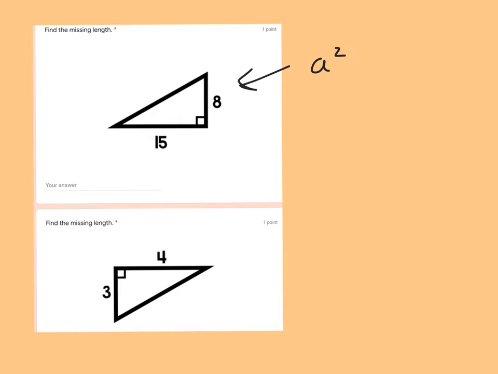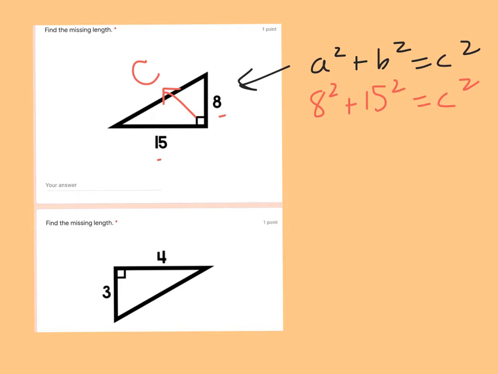Remember our formula, a squared plus b squared equals c squared. And last week, everything we did was looking for the c. So 8 and 15 would be our a and b. So 8 squared plus 15 squared is c squared. And 8 squared, that's 64.